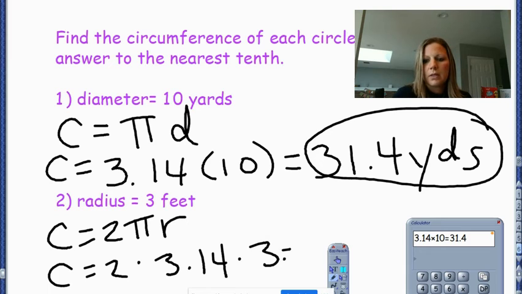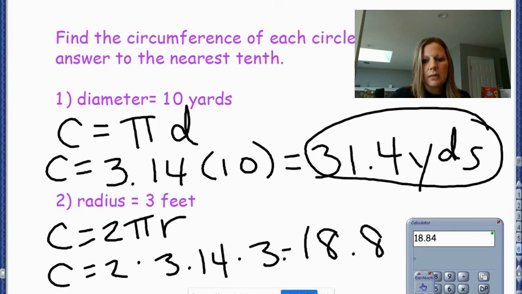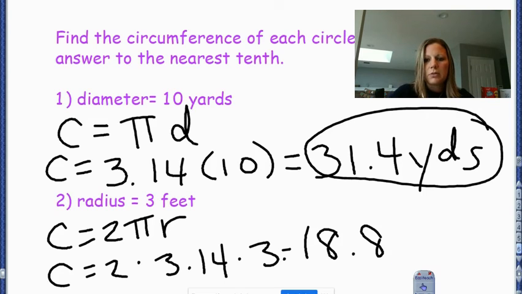Grab your calculator. 2 times 3.14 times 3 is 18.84. Round to the nearest tenth would be 18.8. And then obviously we have to do my label. So I'll write feet.